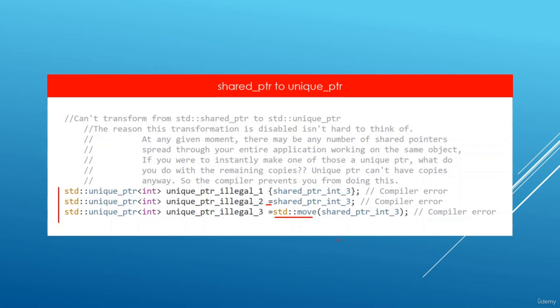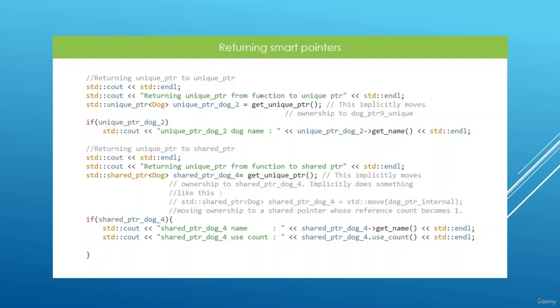You should know this. But one thing you can do is return a unique pointer from a function. For example, here we have a function which is going to return a unique pointer. We can assign this unique pointer to a unique pointer. This is what we are doing here. We have an std::unique_ptr to dog, and we are assigning the return value of getUnique to this unique pointer here.